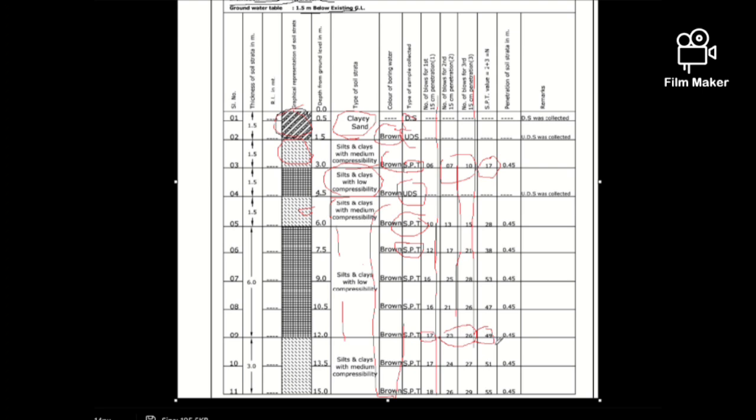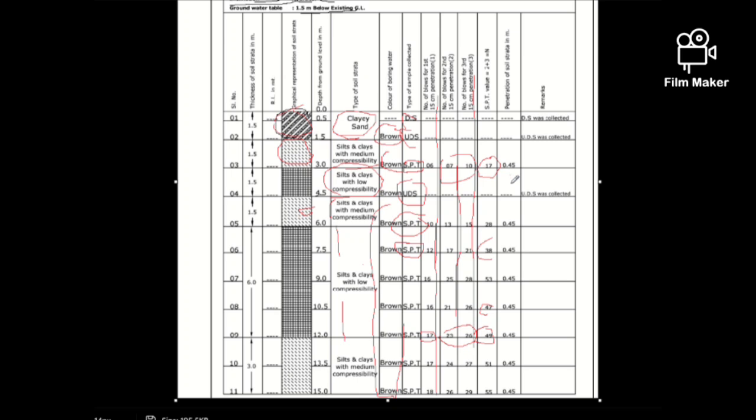Also, the SPT value depends on the soil strata. It will increase or decrease, at 53, then 47. So it depends on the soil strata, the soil medium.